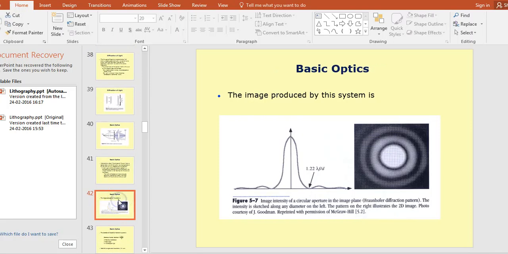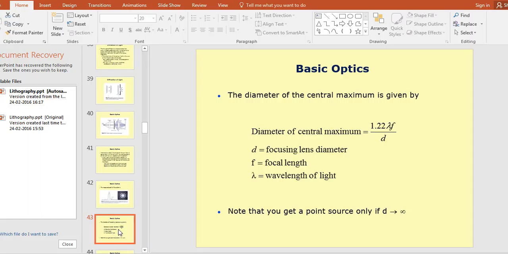So the diameter of the central maxima, which is formed on the image plane, is dependent upon the wavelength of the light we are using, the focal length, and the focusing lens diameter.